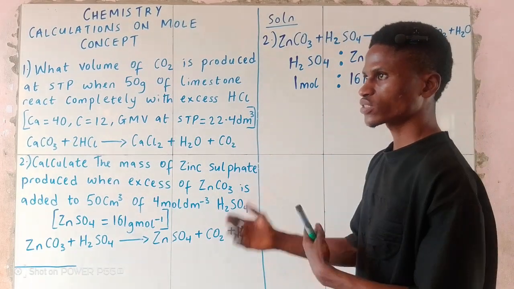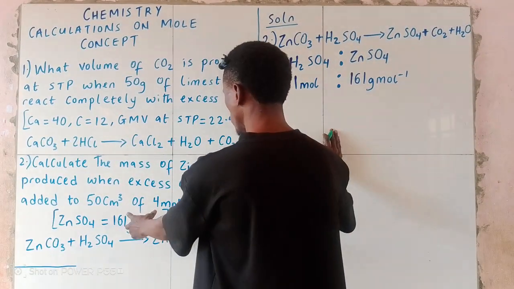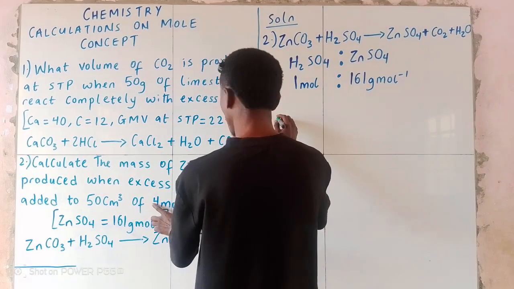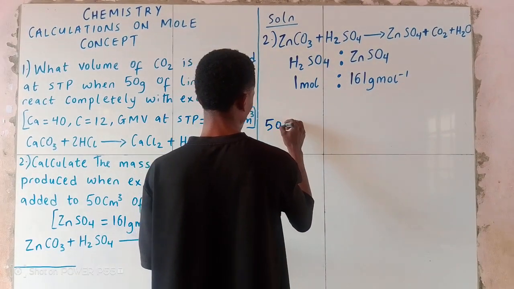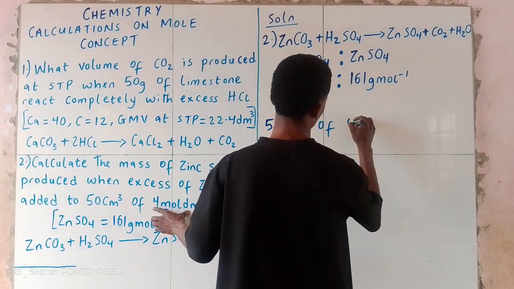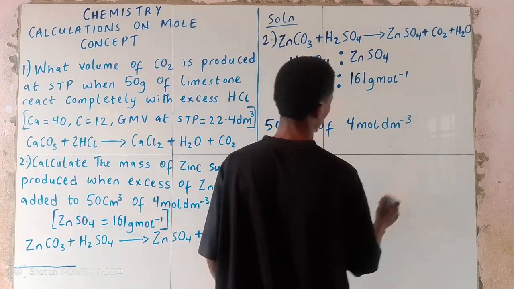And how do we go about that? Let's bring this out: 50 cm³ of 4 mole per dm³. Very easy.